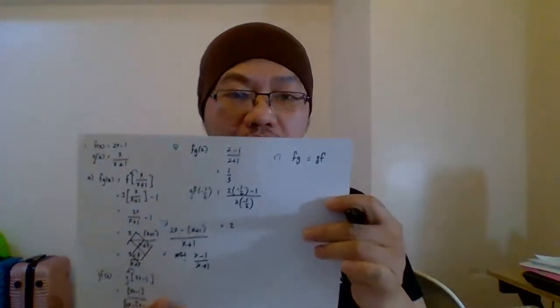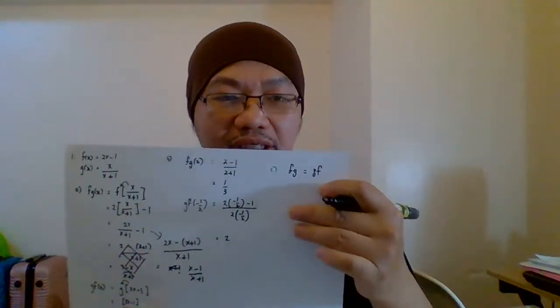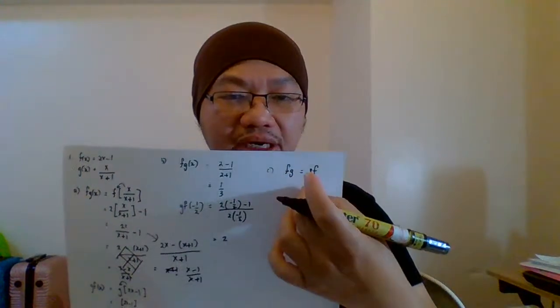So, very easy. For question C, since the question said FG equals to GF, okay, they are equivalent. So, just write down your FG here and write down your GF here, side by side. It's supposed to be like this.